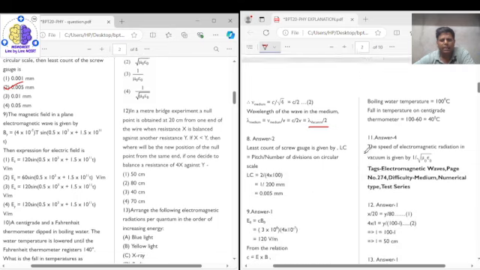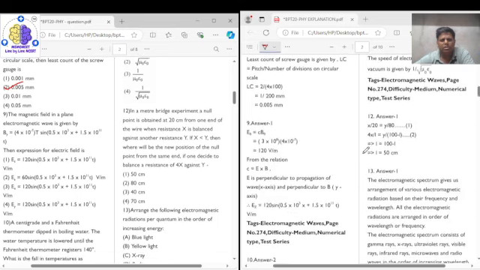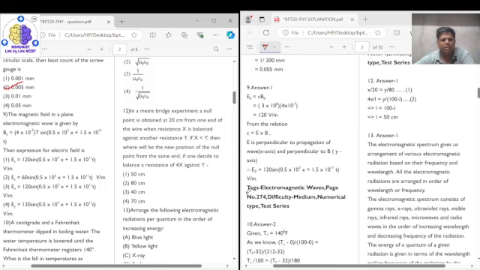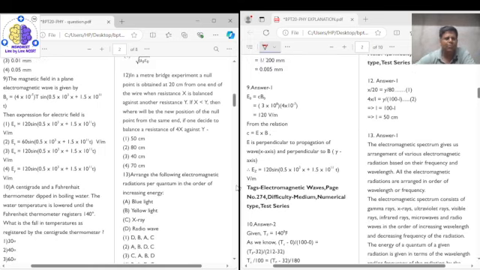Now coming to question number 9. Question number 9 says that the magnetic field in a plane electromagnetic wave is given by B y, that is, the magnetic field is along the y-axis, equal to 4 into 10 to the power of minus 7 Tesla, sine of 0.5 into 10 to the power of 3 x plus 1.5 into 10 to the power of 11 t.